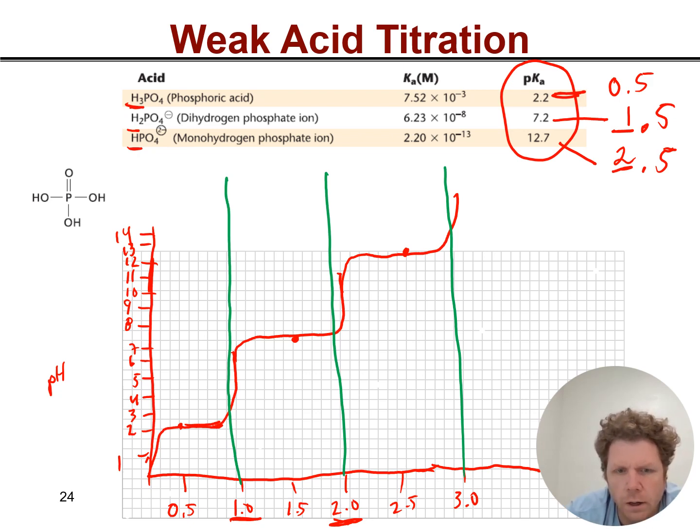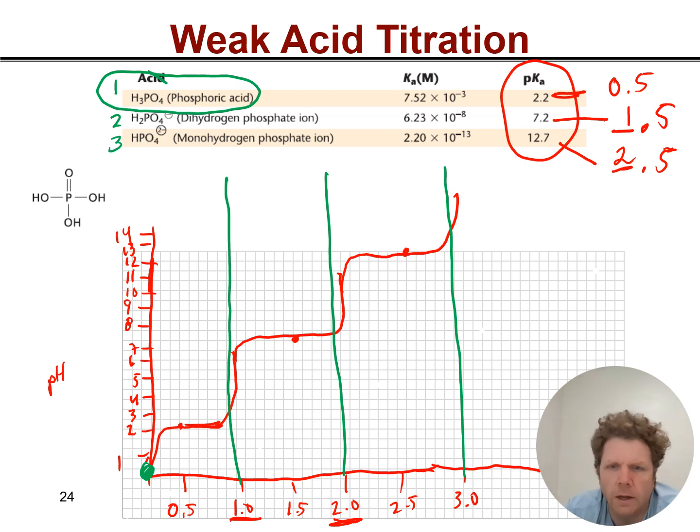When we are at this point on our titration curve, basically at the origin, which one of these different molecules, one, two, or three, is the most common or the most abundant form of my molecule? At the lowest possible pH, phosphoric acid is the most abundant. The fully protonated form of my molecule.